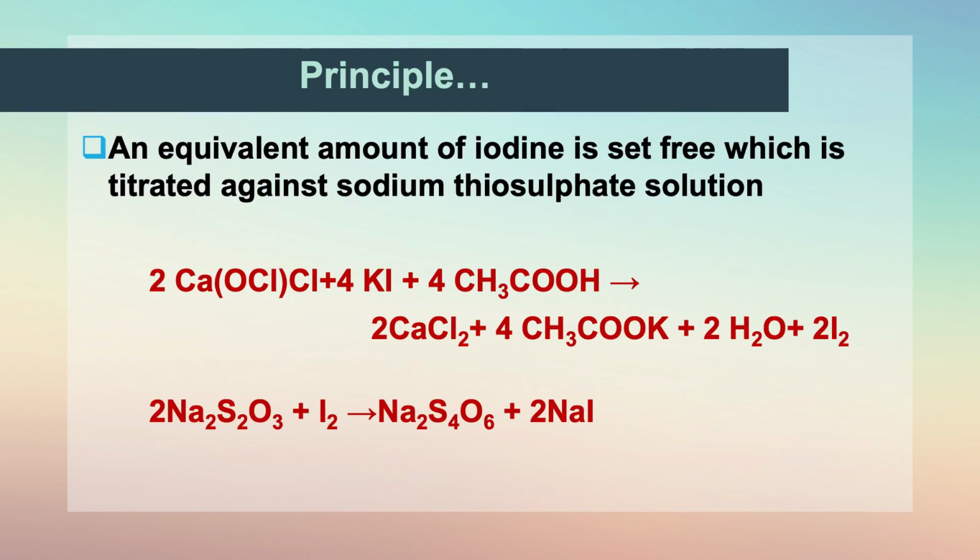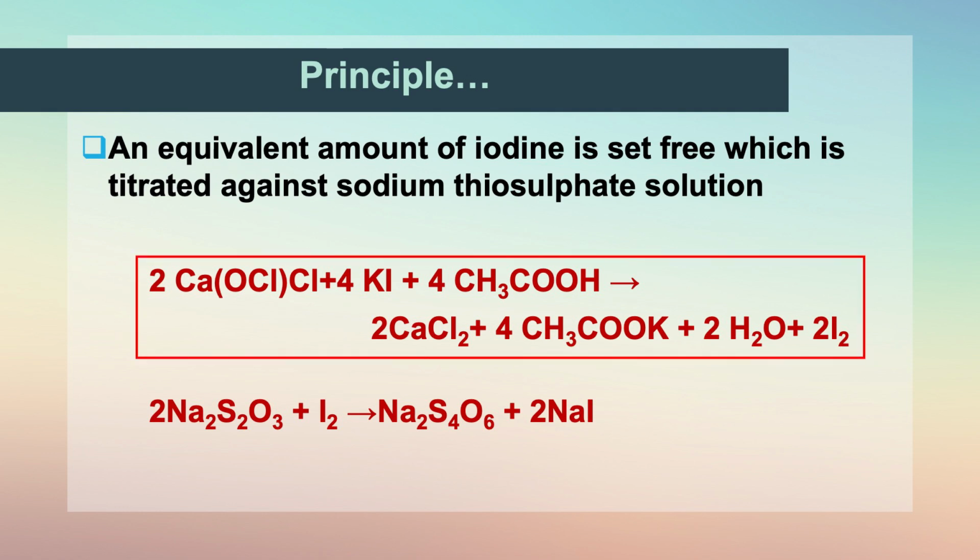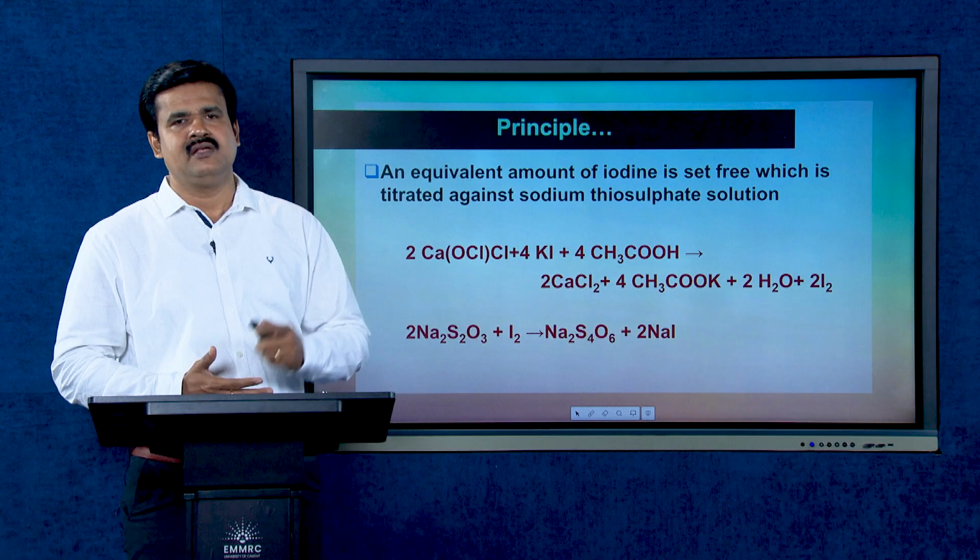This is the expression responsible for the liberation of iodine with the help of the active component of the bleaching powder: 2CaOCl2 plus 4KI plus 4CH3COOH, that is acetic acid, which is a weak acid that helps the liberation of iodine, gives 2CaCl2 plus 4CH3COOK, that is potassium acetate, plus 2 molecules of water plus 2 molecules of iodine.